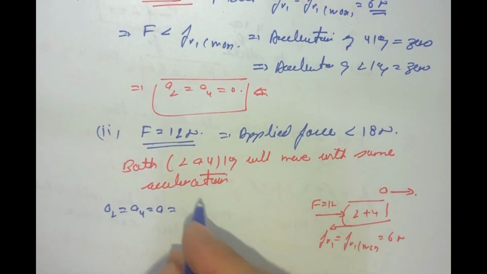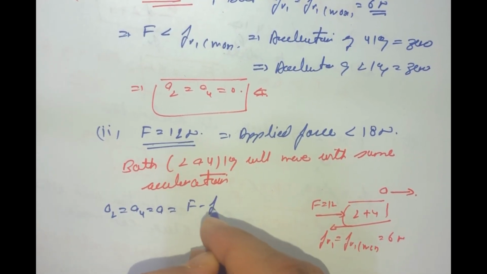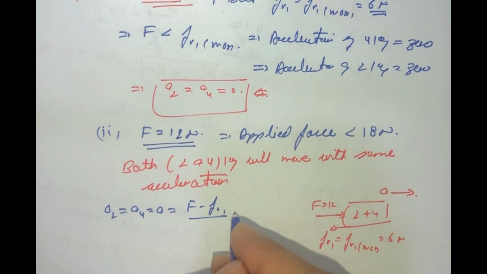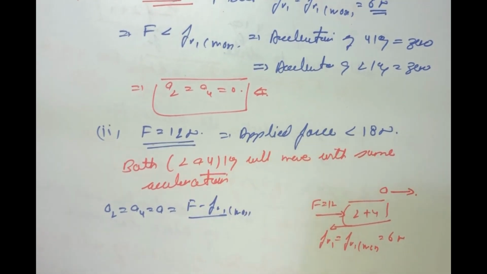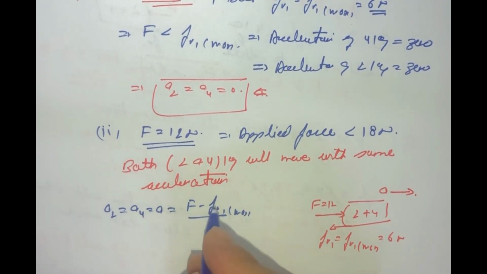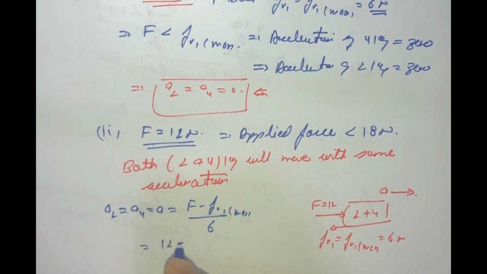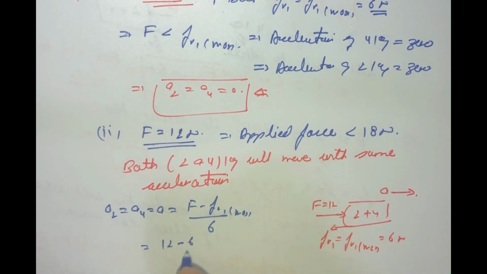F minus Fr1 max divided by 6. So applied force is 12, Fr1 max is 6, divided by 6.